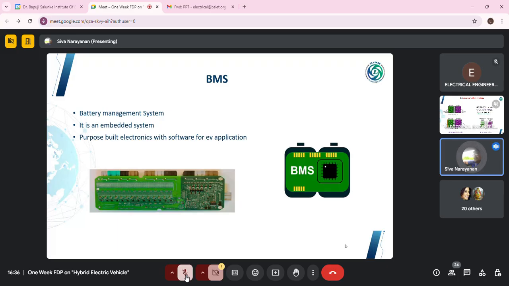When you have a very big system, you will design some smaller systems or subsystems. These all will be put together and it will help us to attain our final objective. Here, with the help of the battery management system, whatever is requested by the driver has to be delivered by our vehicle.